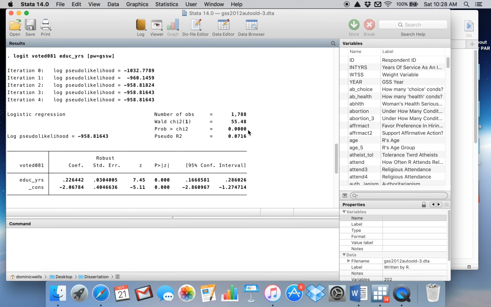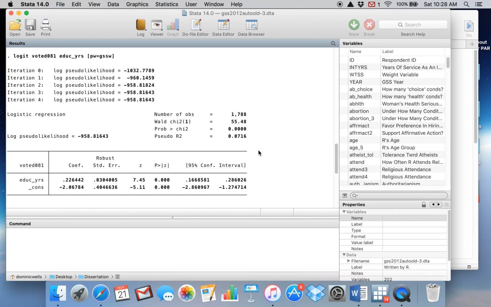And so we can conclude that including education as a predictor significantly enhances the prediction performance of our model. And here we have our pseudo r squared, which is a lot like the r squared in OLS. It's supposed to let you know how well your model explains variance in the dependent variable. And as you can see, we don't have a very high r squared, but we only have one independent variable in our model. So that will happen.